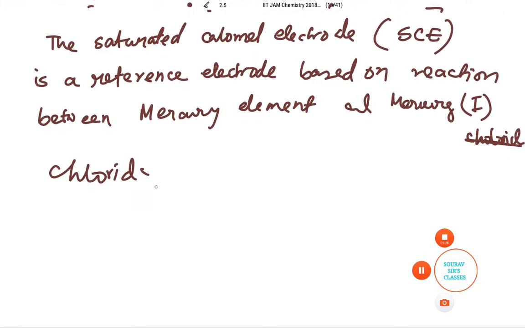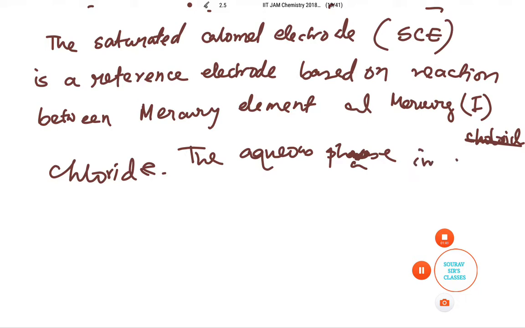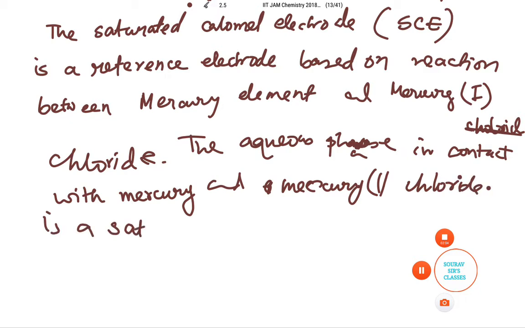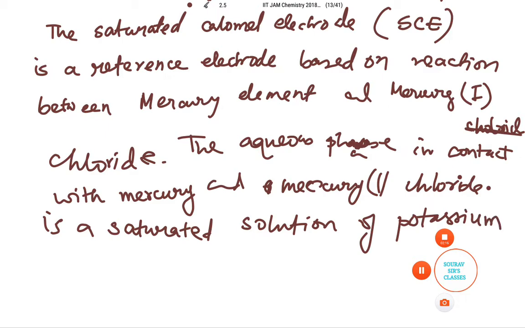And the aqueous phase in contact with mercury element and mercury 1 chloride is a saturated solution of potassium chloride in water.